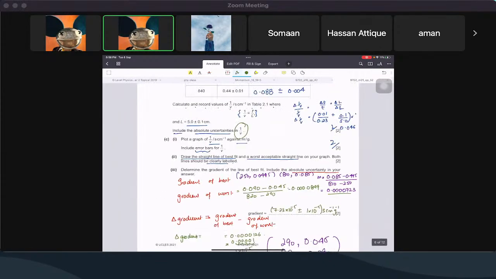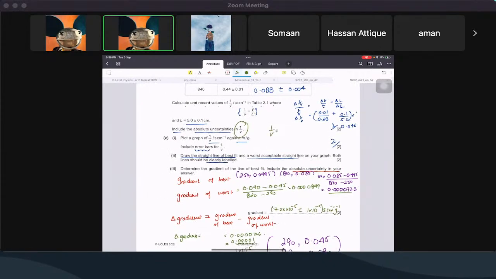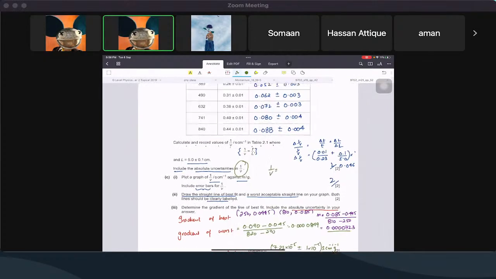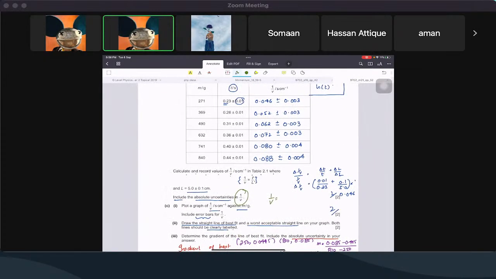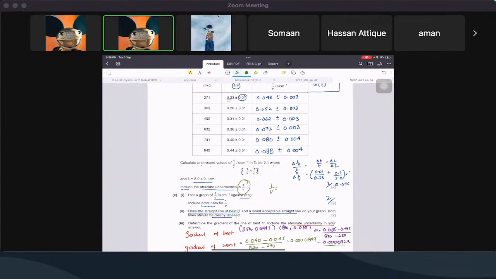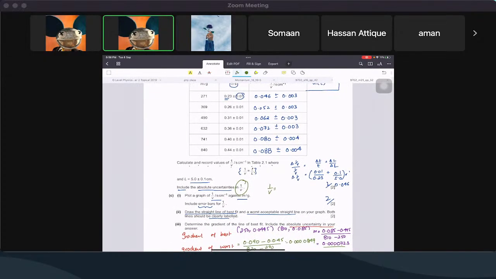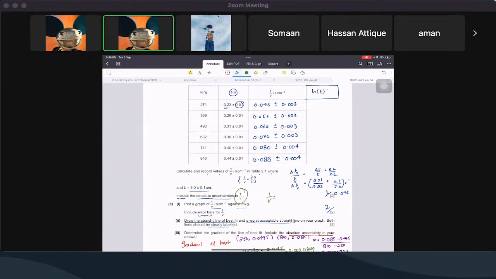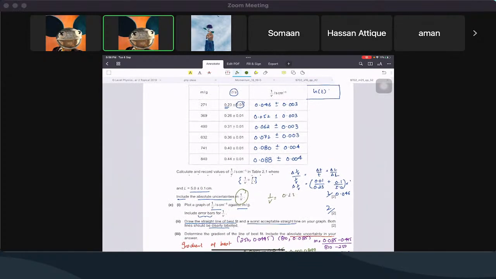1 upon v is just a ratio, so you can take basically any value. So this is going to be t. You can take 0.23, so you can take this value 0.046, fine.